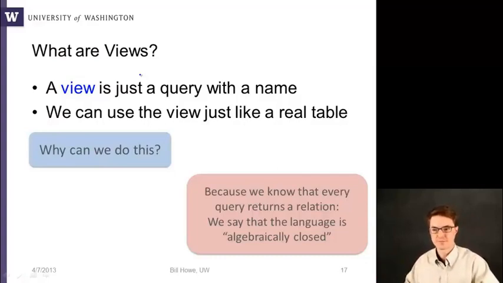Okay. So why might we want to do this? One reason is to protect the underlying data. You can assign permissions to tables. So for example, if you only want a particular user to see data associated with their account, you can write a view that filters everything out except for their account, and then grant them access to that view.